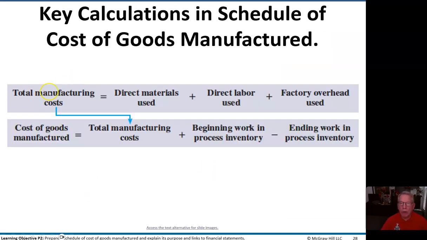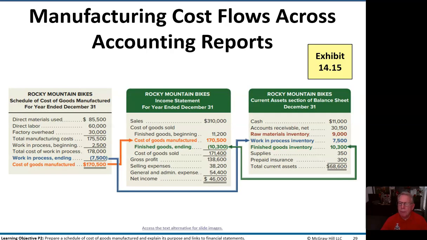Okay, so to review, here are our key calculations. Total manufacturing costs are the direct materials used, direct labor used, and factory overhead used. Cost of goods manufactured starts with total manufacturing costs, adds the beginning work in process and subtracts the ending work in process, representing what has now been moved into finished goods.